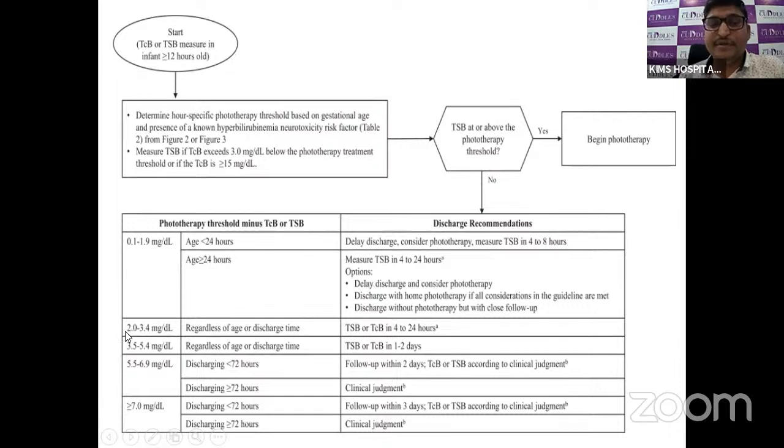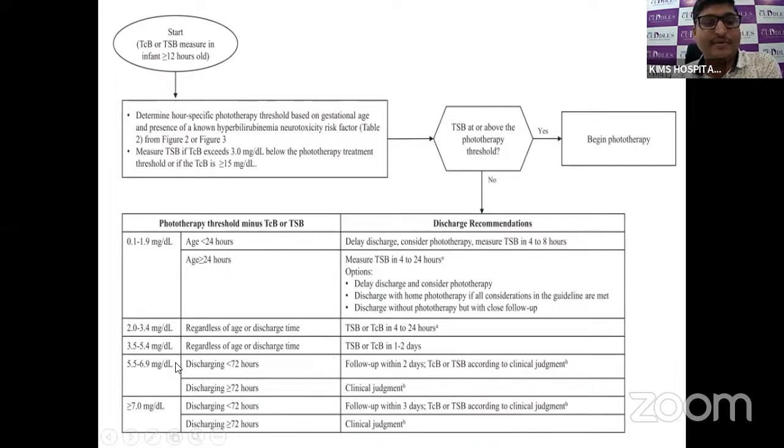When bilirubin is 2 to 3 milligram per deciliter within the range of the phototherapy, you can discharge and repeat after 1 day. When it is 3 to 5 milligram per deciliter, regardless of the age at discharge, you have to call the child back in 2 days.